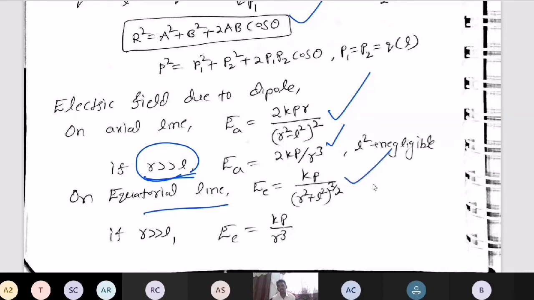Similarly, on the equatorial line, this is the electric field, and under the condition of again r greater than L, the electric field will become kp by r cube.